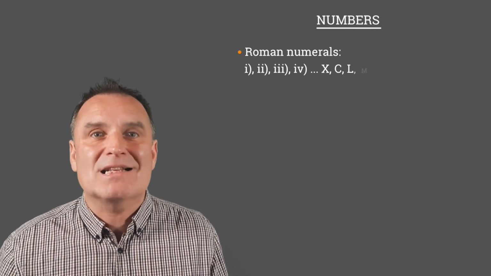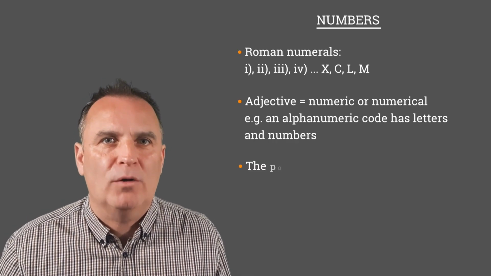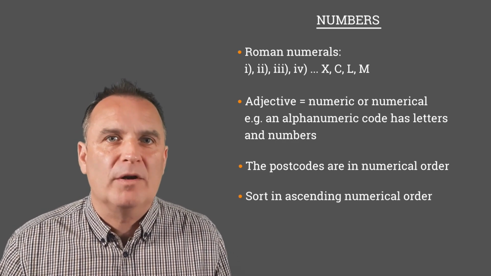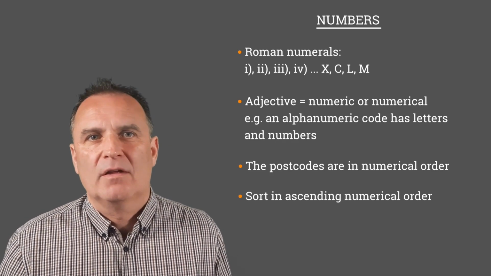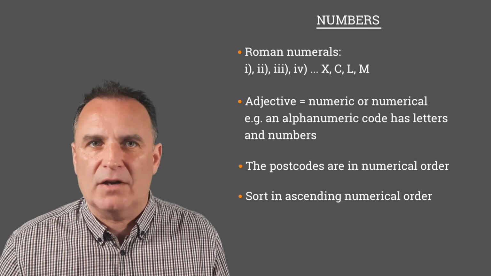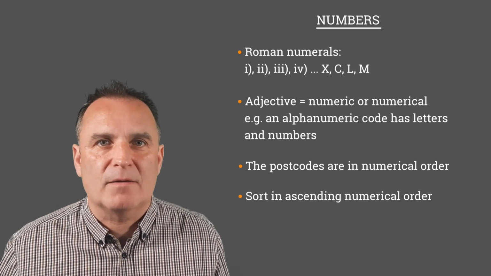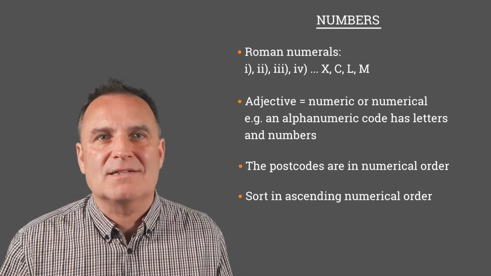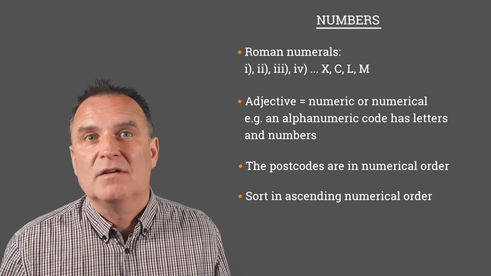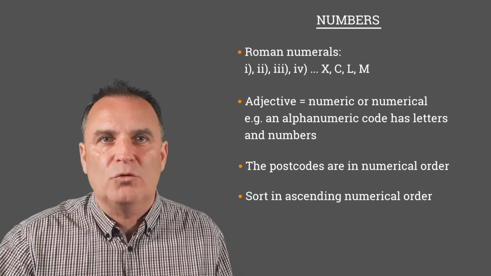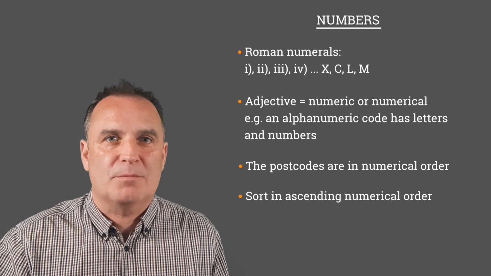So talking about the Latin word numeral or numero, we often use, of course, Latin or Roman numerals, for example, in bullet points or in other occasions where we want to represent numbers. So, for example, the lowercase Roman numerals, you might call it i, ii, iii, and then 4 is represented by iv.